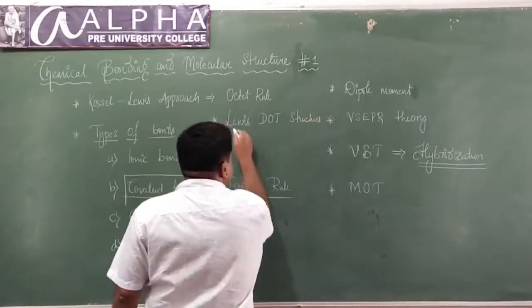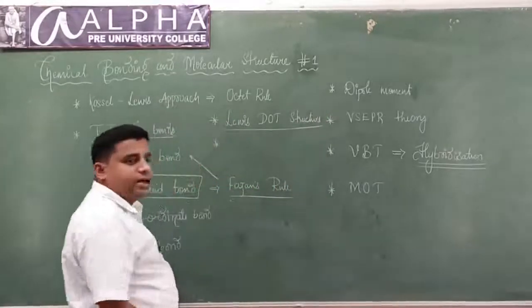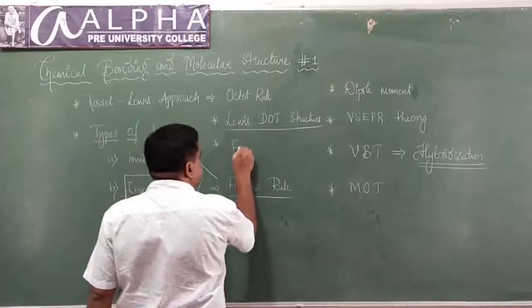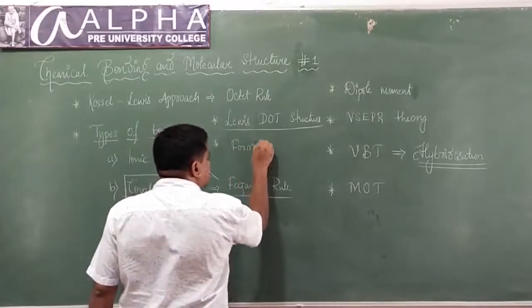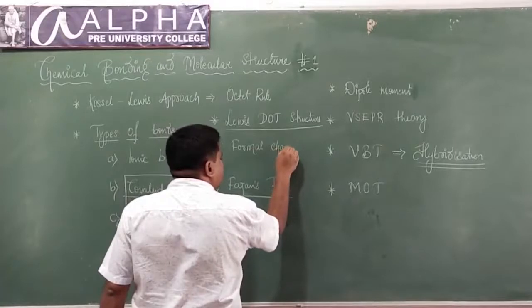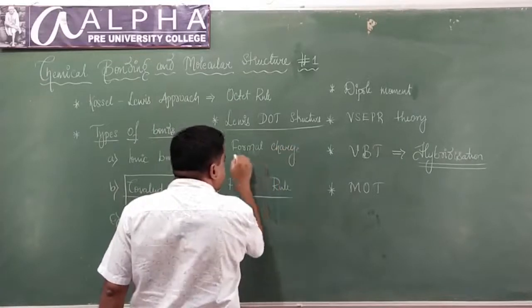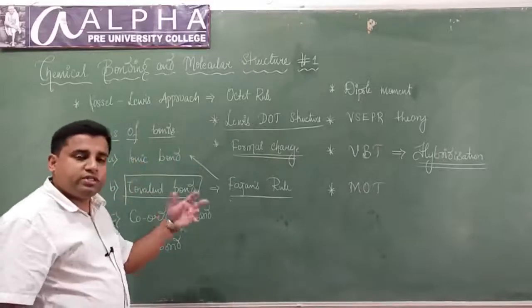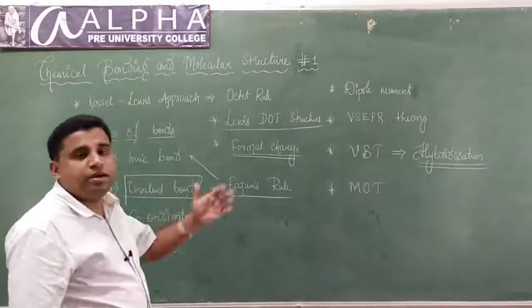Lewis dot structure, very important, and we should learn how to calculate the formal charge. How to calculate the formal charge, very important. All these concepts are very important. You can expect questions on any concept because all of them are important.